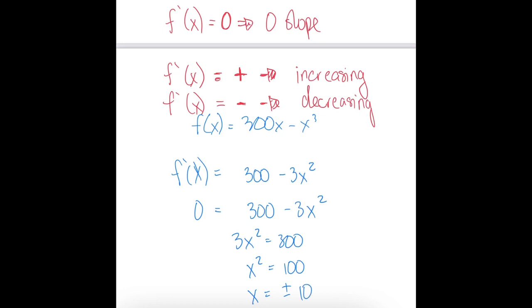All right, so what is this telling me? This is telling me, hey, for the graph of this function right here, I know that at negative 10 and 10, I'm going to have 0 slope.